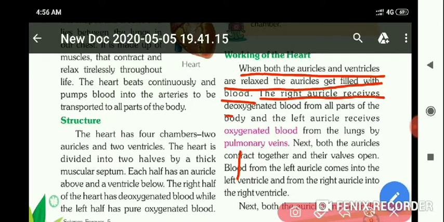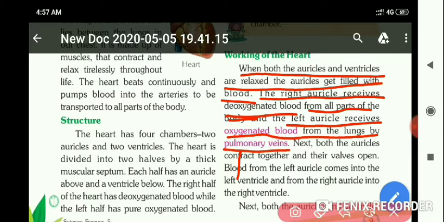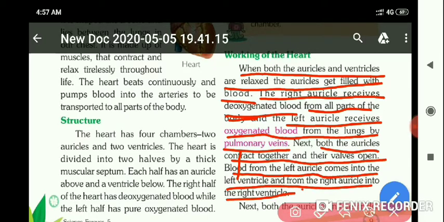Right auricle receives deoxygenated blood from all parts of the body, and left auricle receives oxygenated blood from the lungs by pulmonary veins. Then both auricles contract together and their valves open. Blood from the left auricle comes into the left ventricle and from the right auricle into the right ventricle. So from here to here you have to write down the working of the heart. Okay, clear? Now next question.